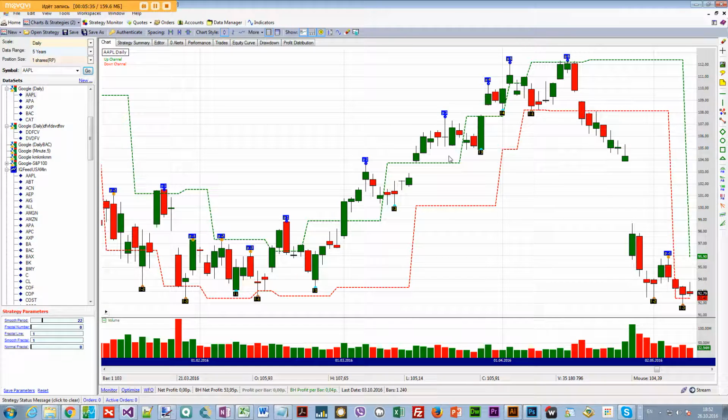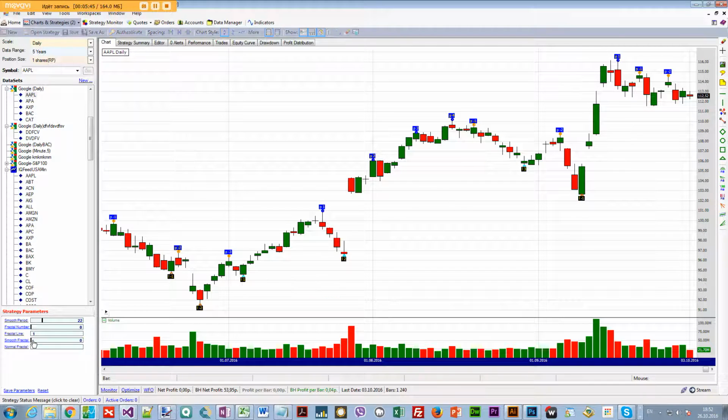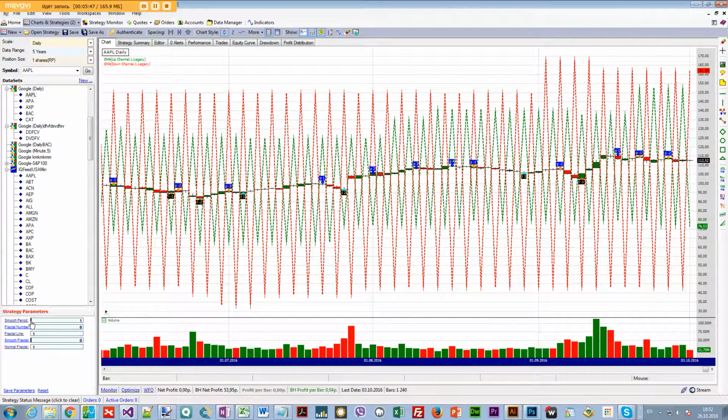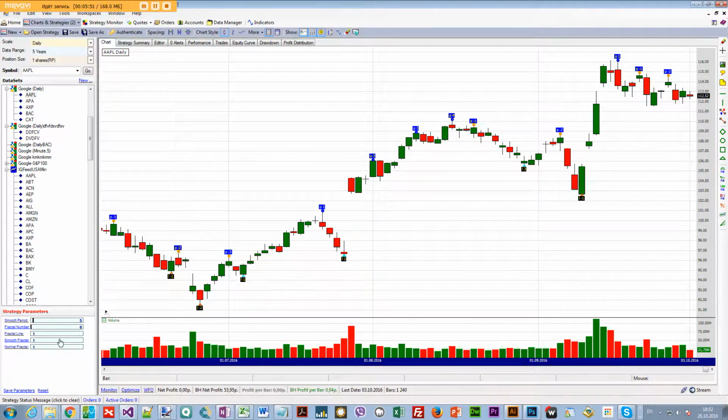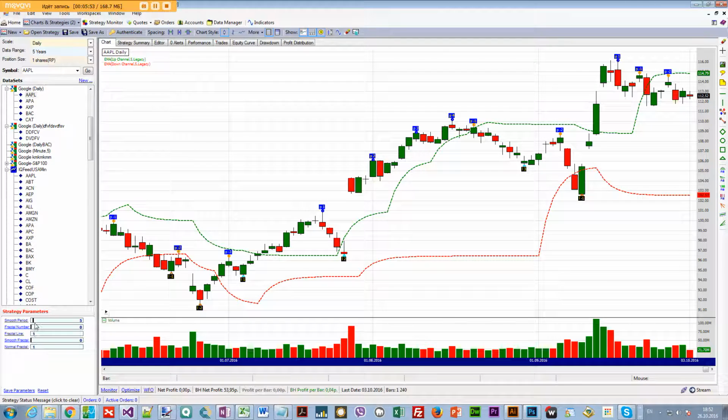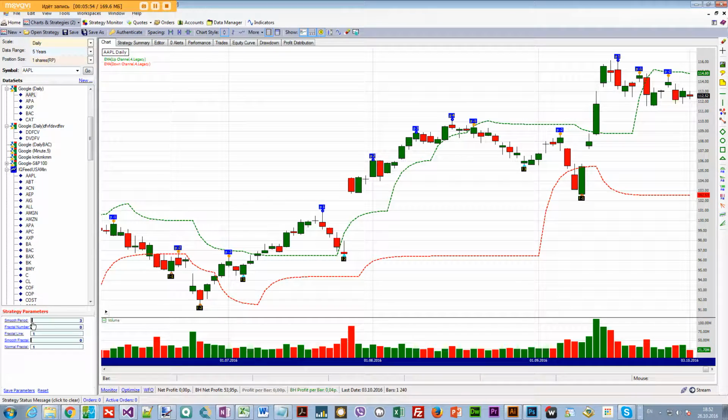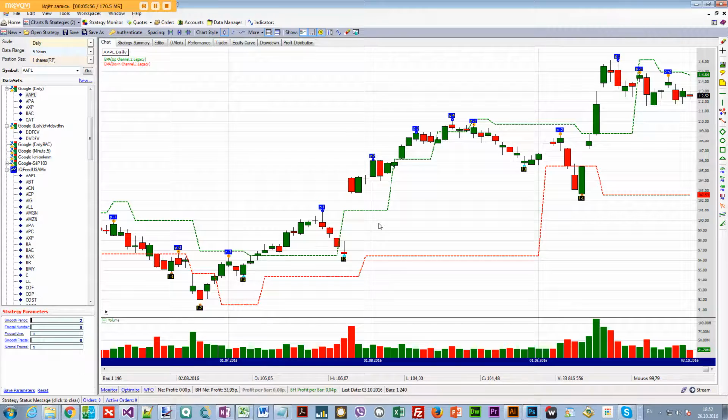Okay, next is something called the smooth fractal. If I turn it on and put a very small smooth period, with a period of 2 it's actually the same as the normal fractal.